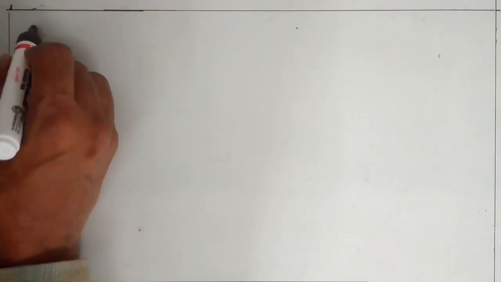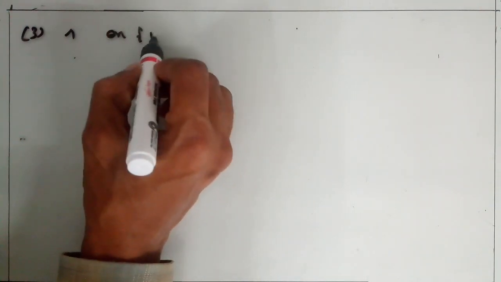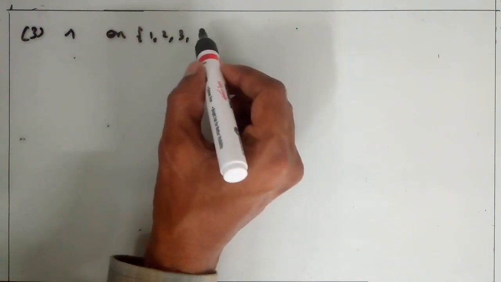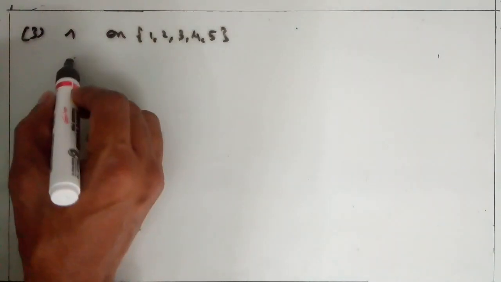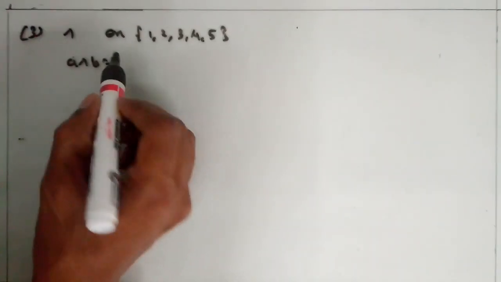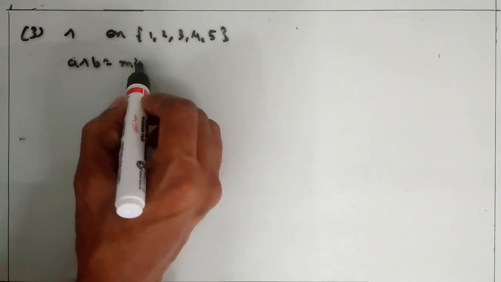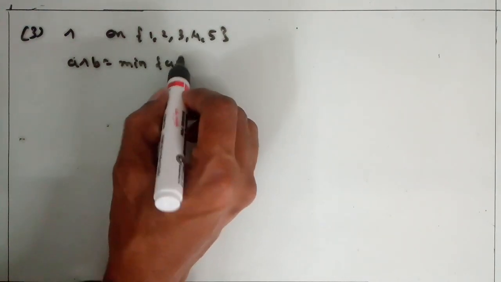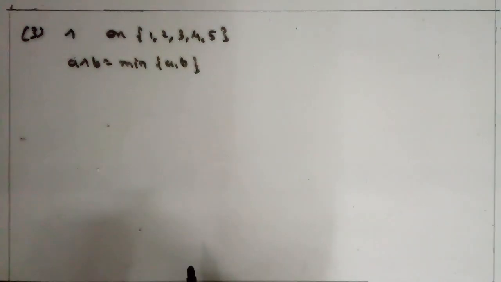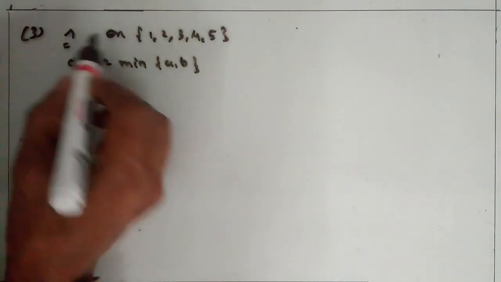Question number 3: consider the binary operation minimum on the set {1, 2, 3, 4, 5}, defined by A minimum B is equal to the minimum of A and B. Write the operation table of this operation.